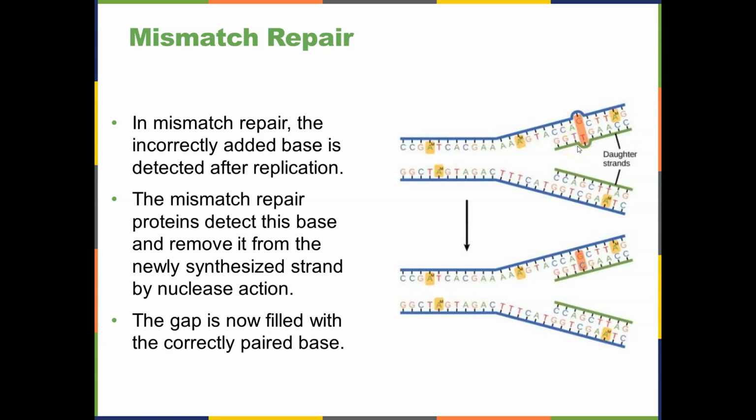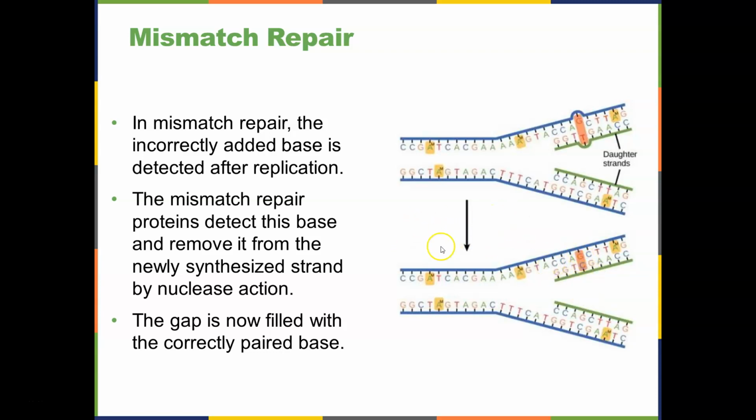In the daughter strand, we will identify the base that's not matching. In this case, there's a thymine right here that's not matching. And so we cut it out and we'll replace it with a cytosine right here. And now we've corrected the error.